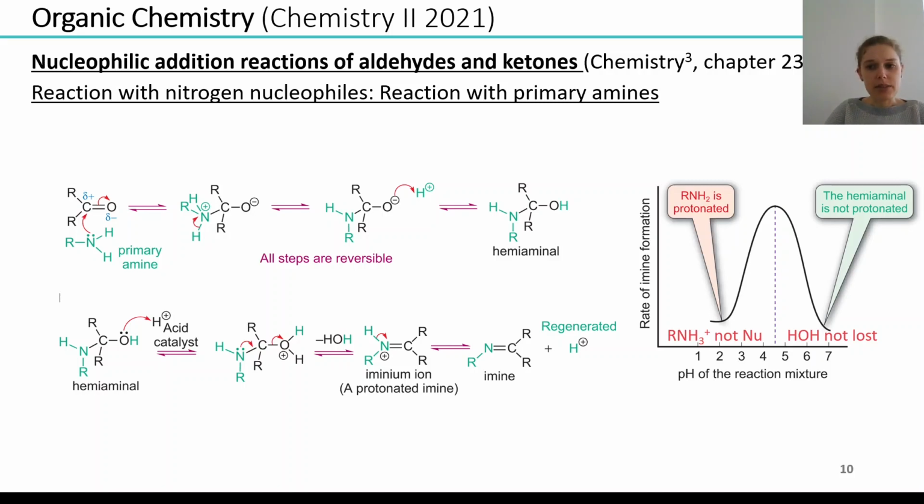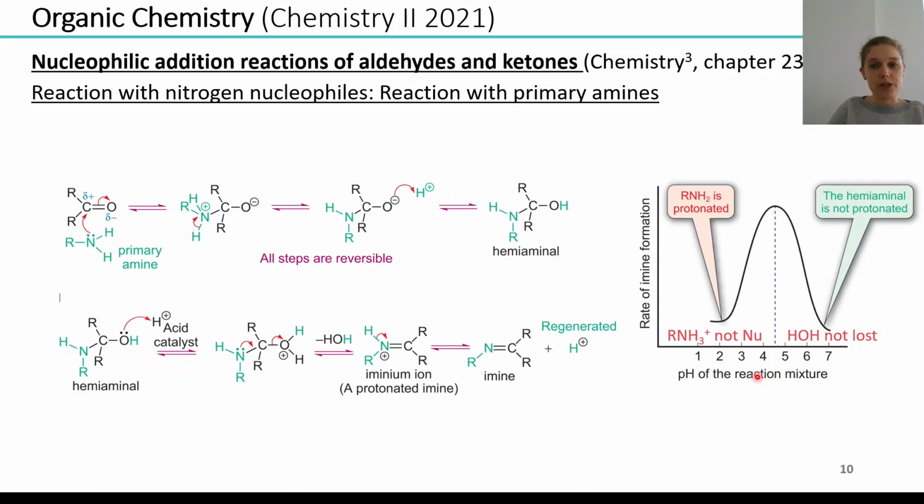Amines are relatively strong nucleophiles, and they add to the carbonyl group to form a hemiaminal without the presence of an acid catalyst. However, an acid catalyst is required to convert the hemiaminal into the imine. As you can see here, the fastest formation rate of the imine can be achieved if the pH value is 4.5.